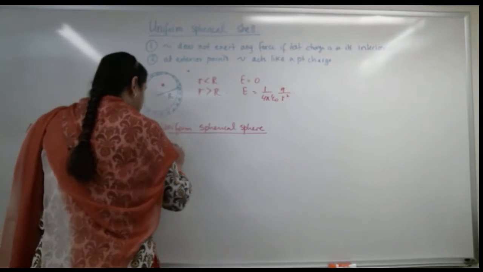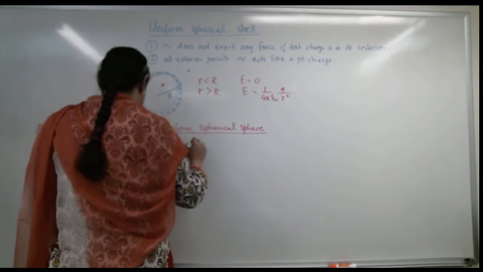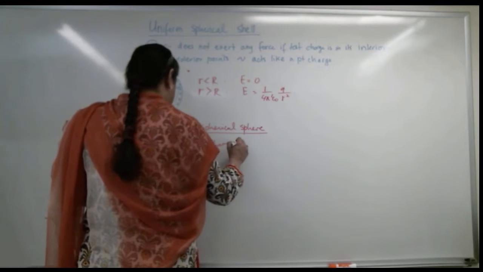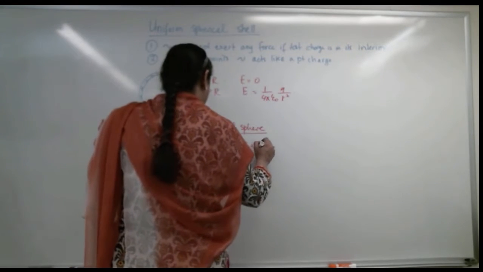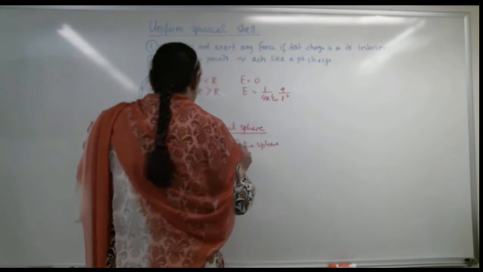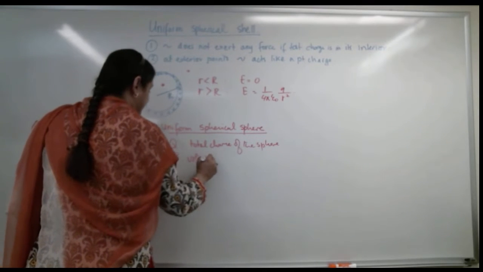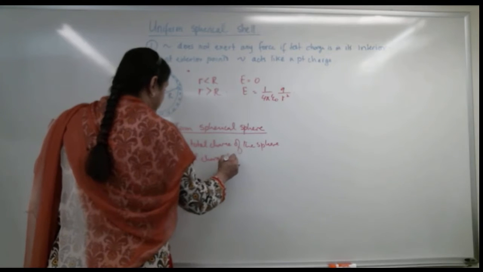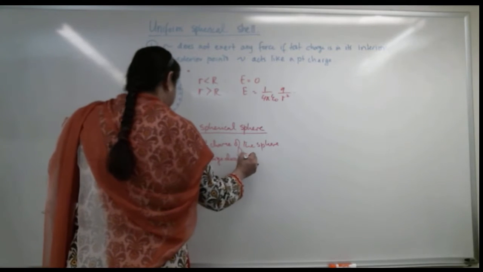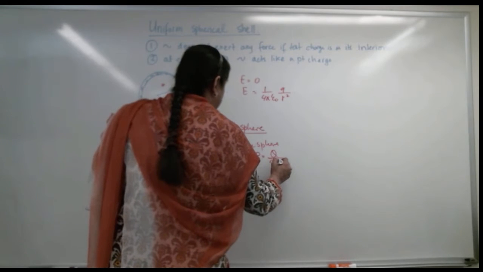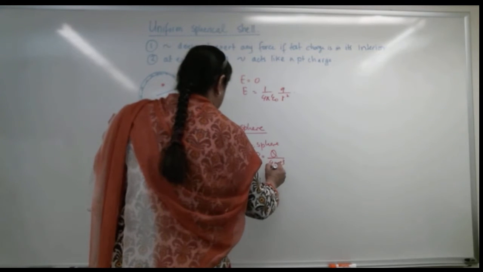Let's suppose Q is the total charge of the sphere, then the volume charge density rho will be equal to Q over 4 pi R cubed over 3.